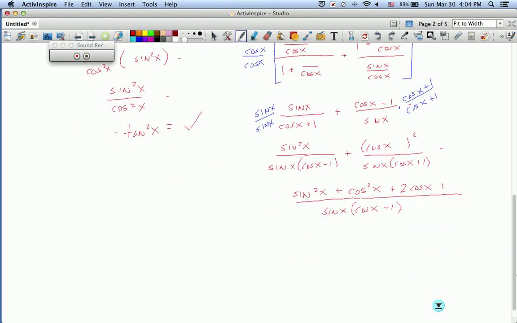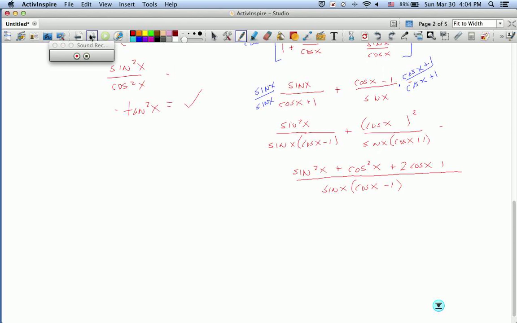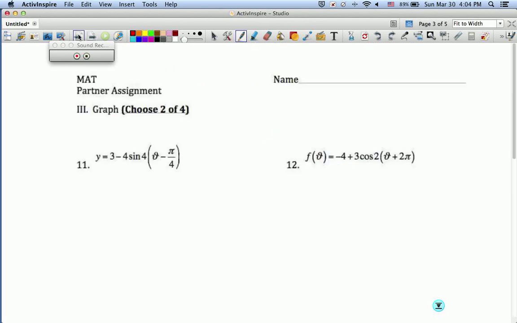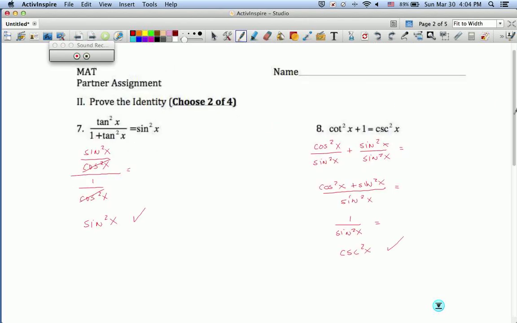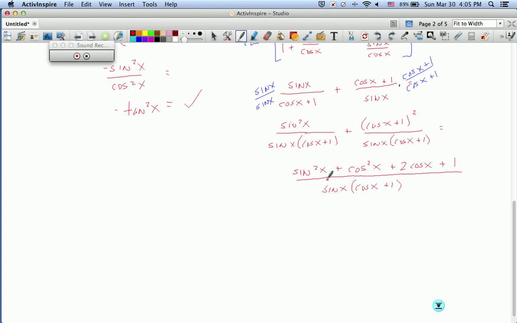Scroll down a little bit here. A couple things disappeared, so I'm going to go forward and backward to bring them back, hopefully. So sine squared plus cosine squared is 1, and 1 plus 1 is 2. So I have 2 cosine plus 2 over sine times cosine plus 1.